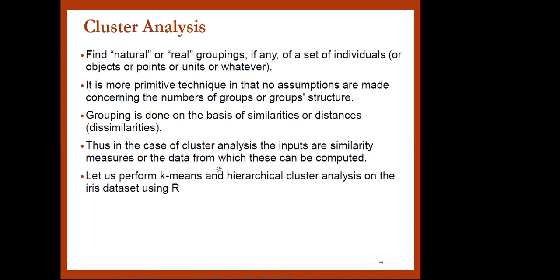So in the case of cluster analysis, the inputs are on the basis of similarity measures. On the basis of that, we are going to find out how many clusters are there, how many groupings of individuals can be made. We are going to perform two types of cluster analysis: k-means clustering and hierarchical cluster analysis using R. So what is k-means clustering?